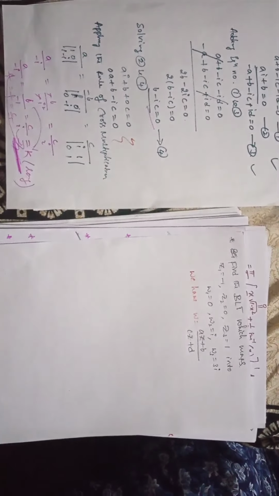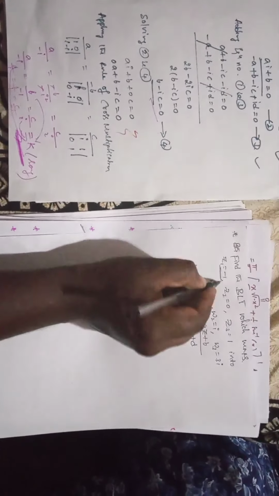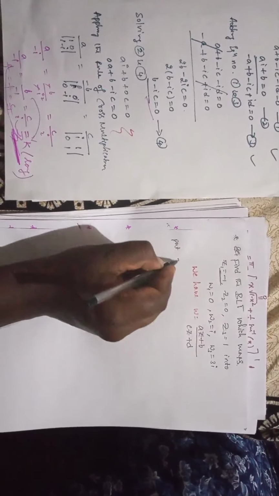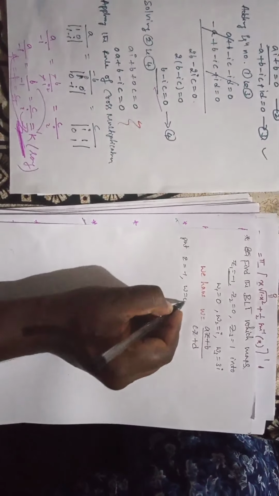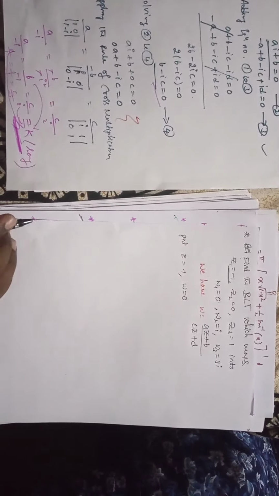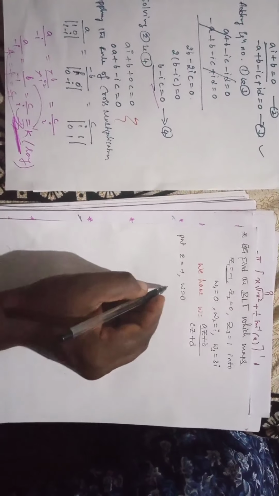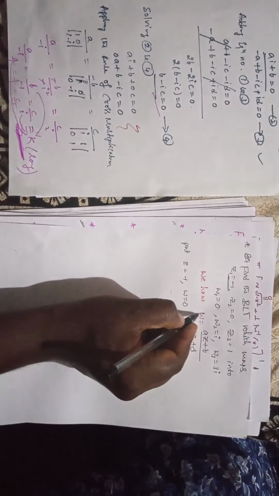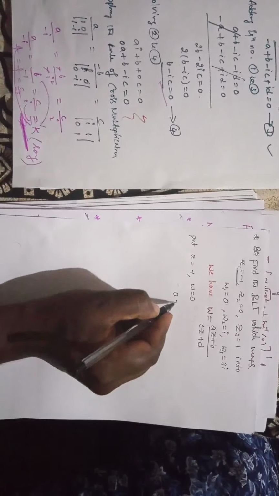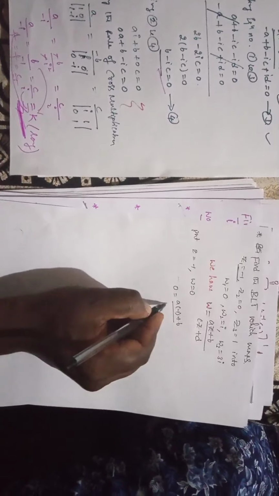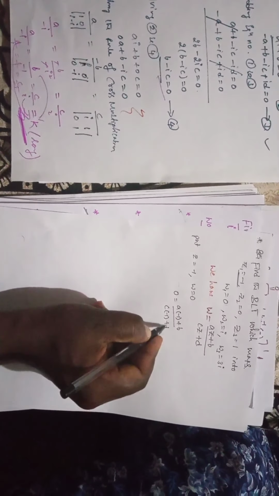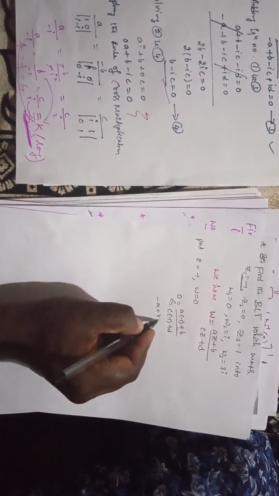Substitute the points: z1 is there, take that as z, put z equal to minus 1, corresponding w value 0, substitute that here. So w equal to 0 becomes (a times minus 1 plus b)/(c times minus 1 plus d). So cross multiply this: minus a plus b equal to 0. So this is our first equation.